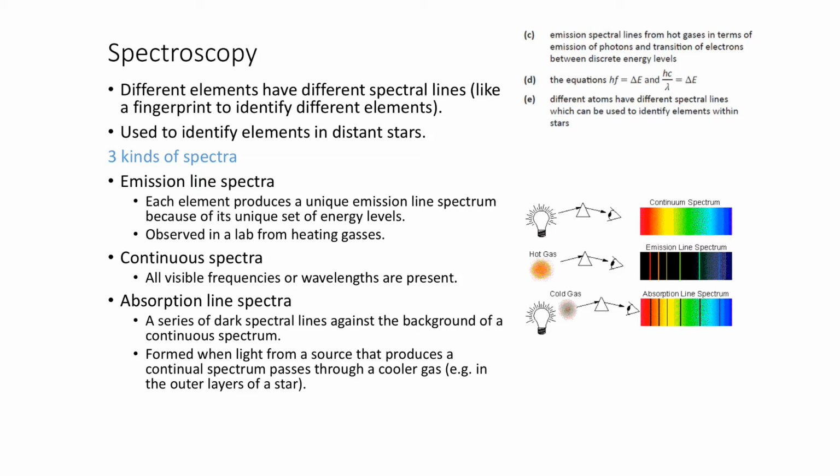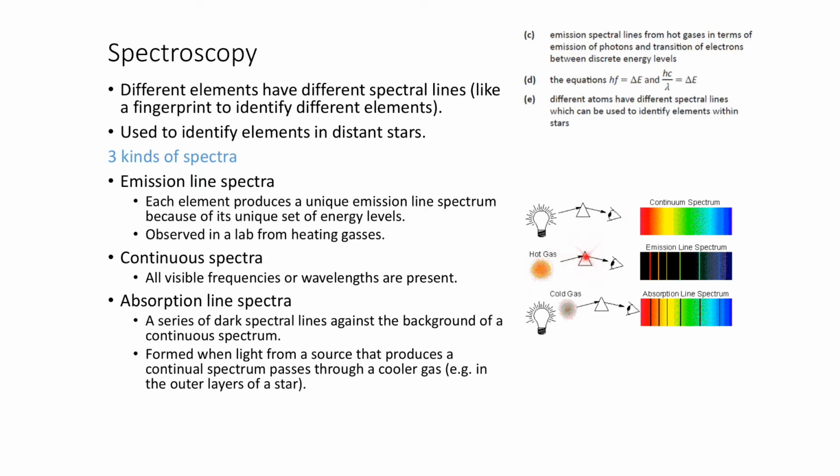So emission line spectra. Each element produces a unique emission line spectrum because of its unique set of energy levels. And this is what's observed in a laboratory from heating gases. So that's the Bunsen burner idea. So what we've got is the hot gas.